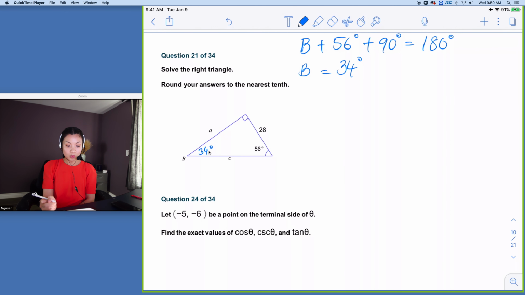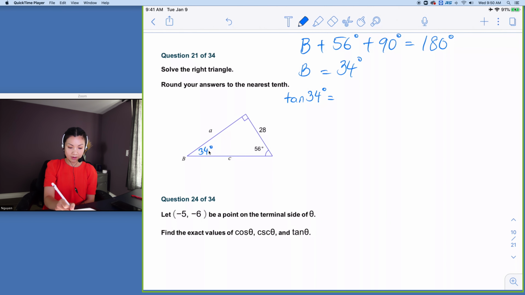Now, we want to solve for either A or C. Let's say I want to solve for A first. Notice that we have the angle, we have the opposite, right here. So A is the adjacent. So if you want to use the angle, the opposite, and the adjacent, we have to use tangent, because we know that tangent is the opposite over adjacent.